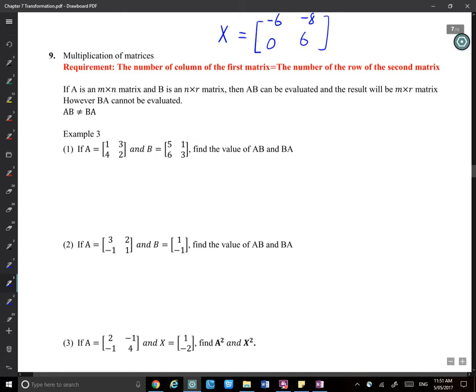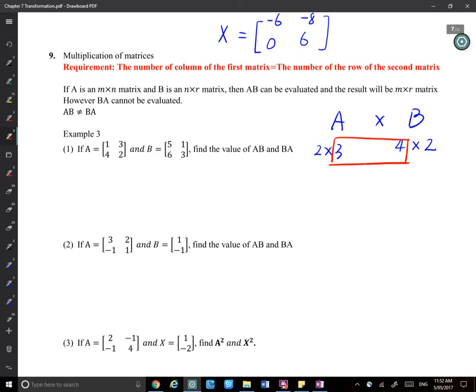Let's say if you want to do A times B, A is a 2 times 3 matrix, and B is a 4 times 2 matrix. They cannot be times together because the number of columns of the first and the number of rows of the second are not the same. 3 is not equal to 4.